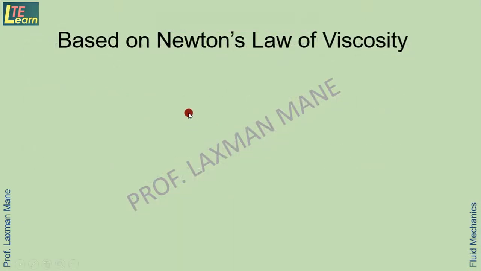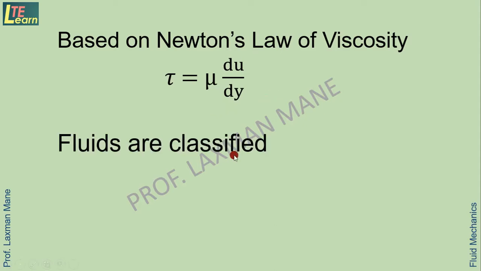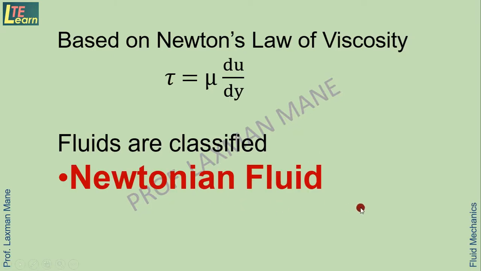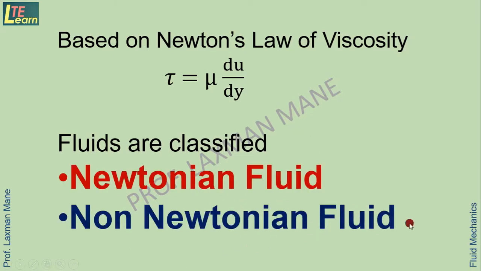Based on Newton's law of viscosity, that is tau is equal to mu into du upon dy, where tau is shear stress, mu is viscosity and du upon dy is deformation or shear strain, fluids are classified as Newtonian fluid and non-Newtonian fluid.